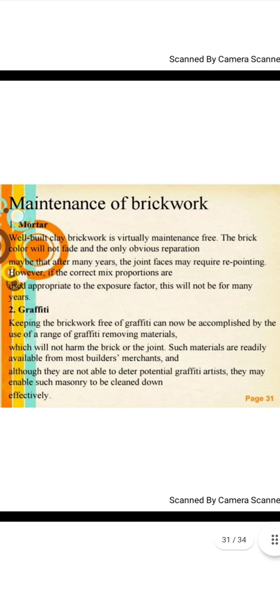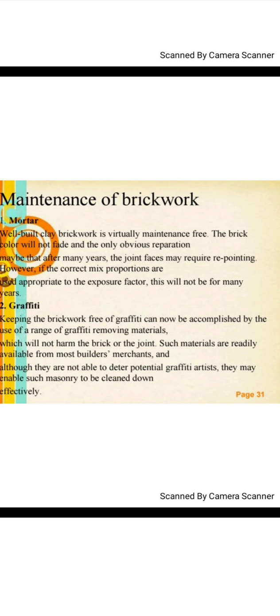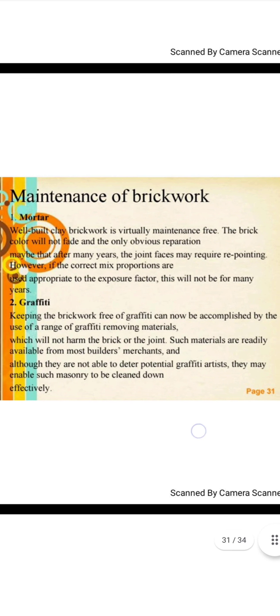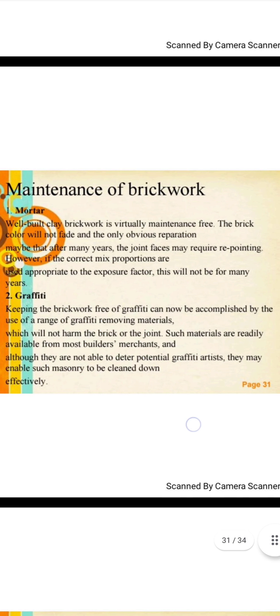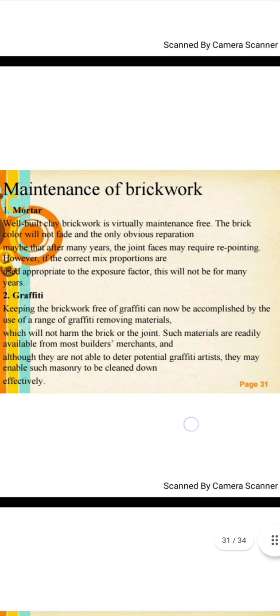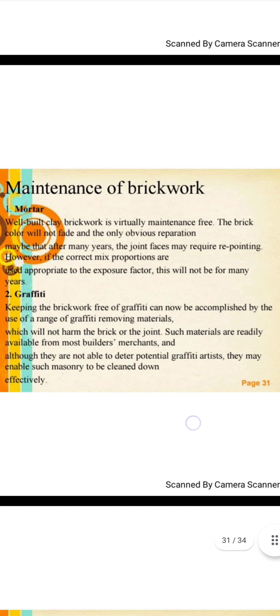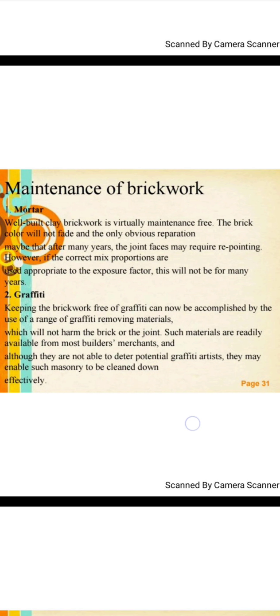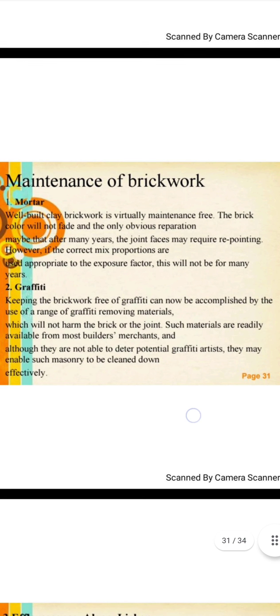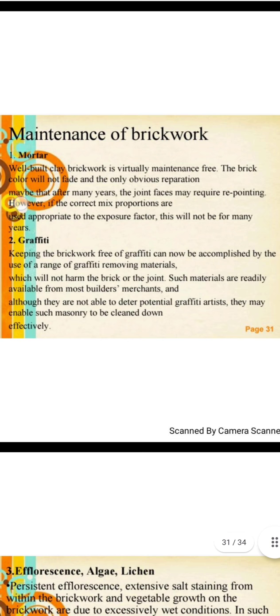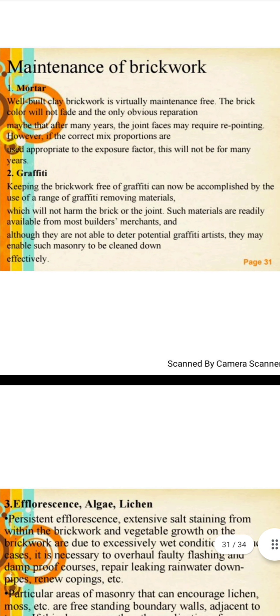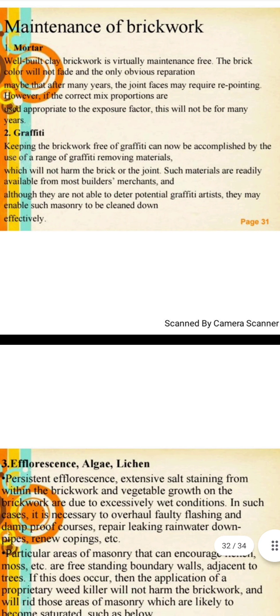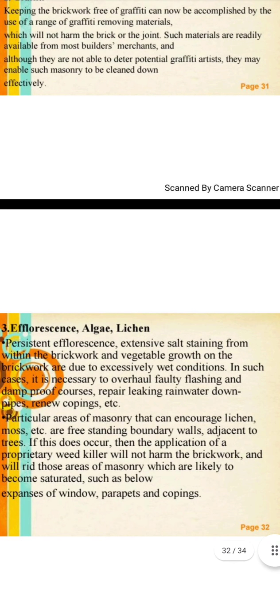Keeping the brickwork free of graffiti can now be accomplished by the use of a range of graffiti removing materials which will not harm the brick or the joint. Such materials are readily available from most builders' merchants, and although they are not able to deter potential graffiti artists, they may enable such brickwork to be cleaned down effectively.